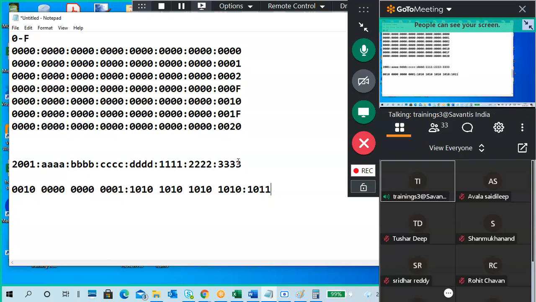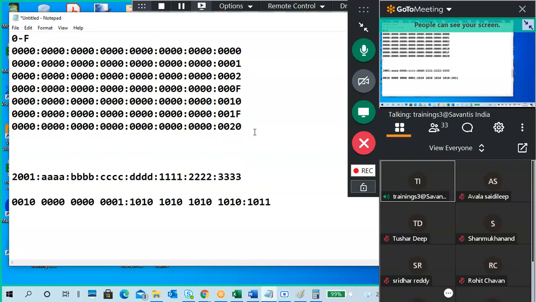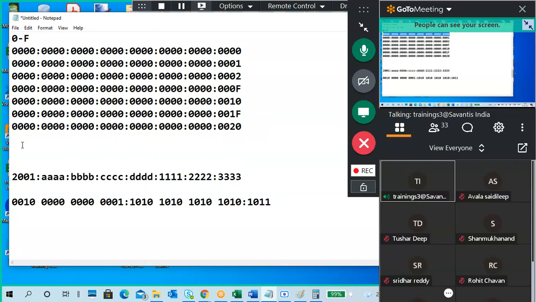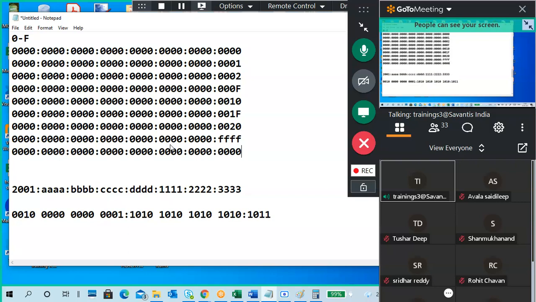So what is each part? Each one's maximum range is 0 to F. After F, again it will change. Once this is all F, then what is the next one?